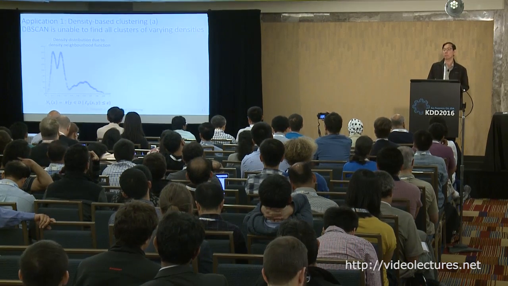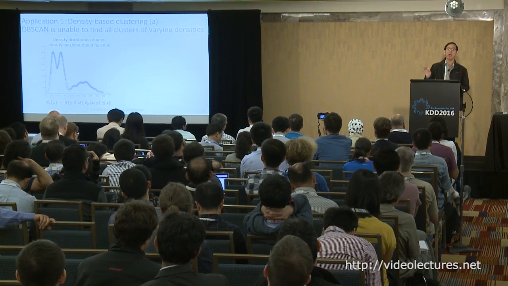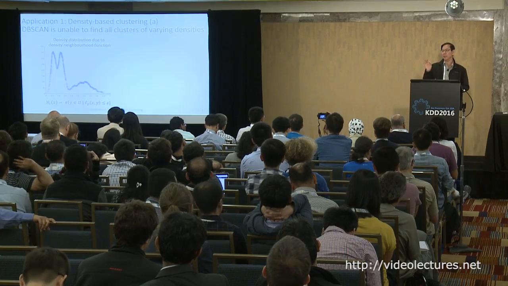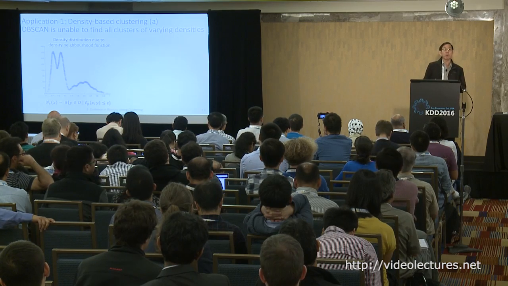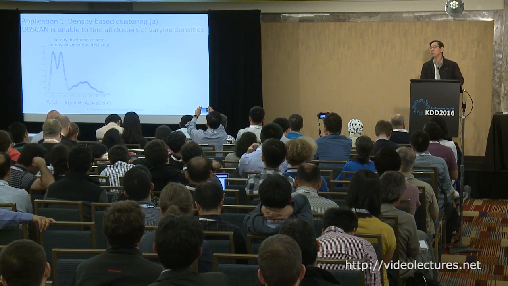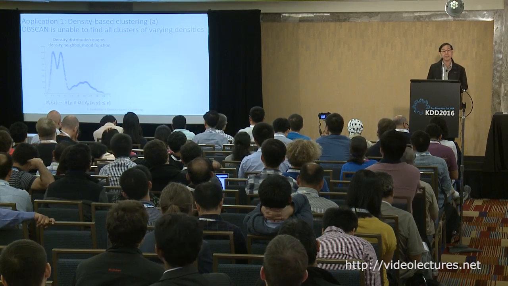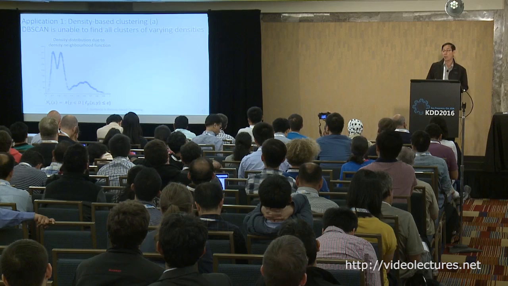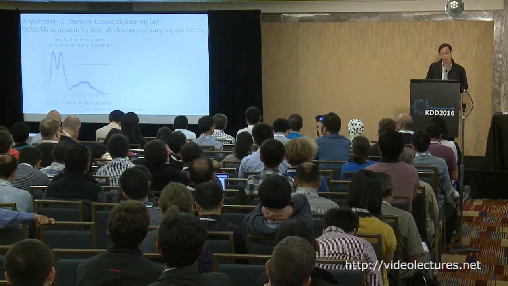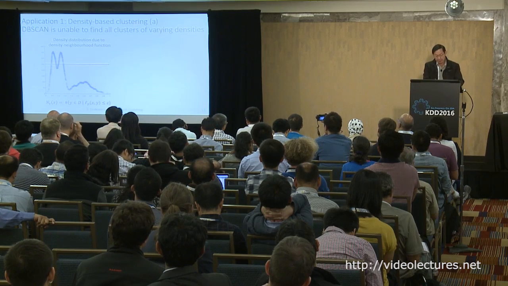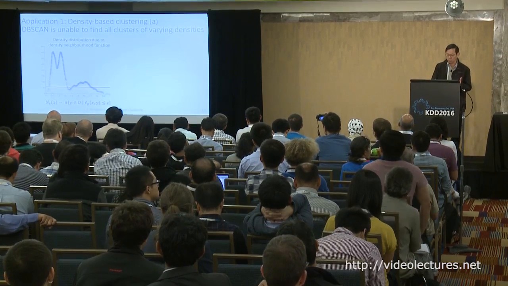In fact, we have a paper that tells you exactly under what condition DBSCAN will fail to find all clusters in the varying density condition. So this is an example in which DBSCAN will fail to find all 3 clusters. In this case, we have 2 dense clusters and 1 sparse cluster. As you know, DBSCAN uses a global threshold to find the density.